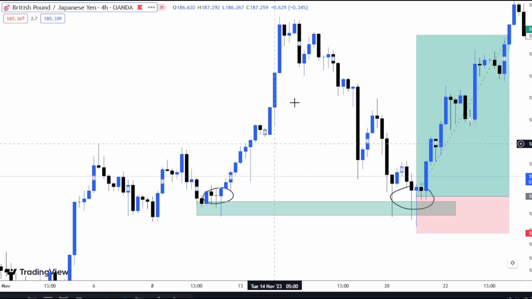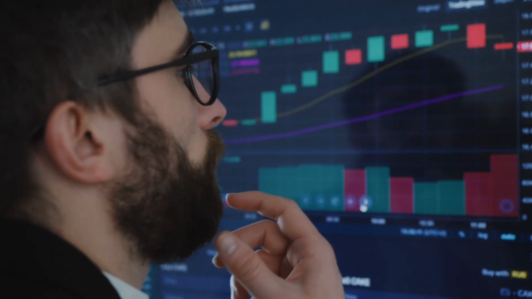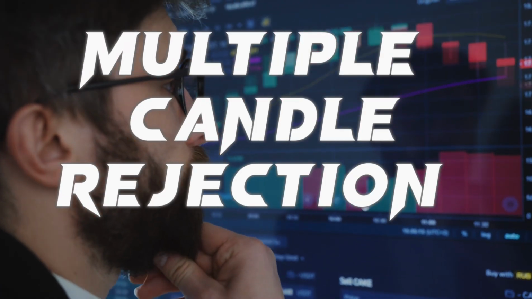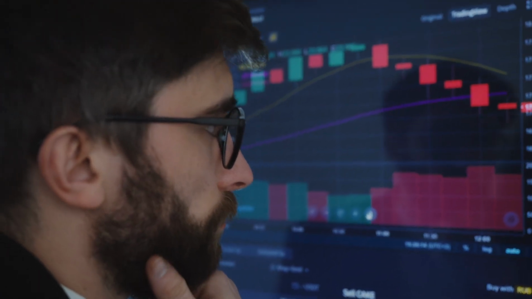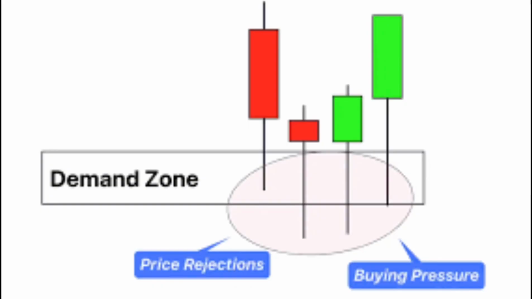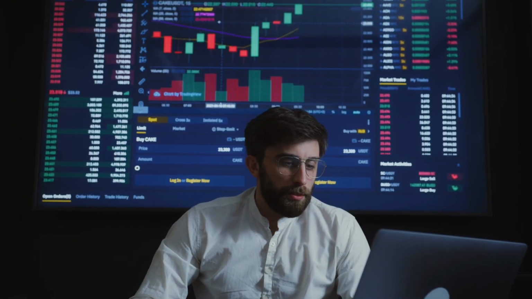This is really powerful. Now we're going to be looking at the multiple candlestick rejection. This multiple rejection candlestick pattern at the demand zone, you just see them like this. It indicates what? Buy pressure. It shows the price is actually rejecting at that key level.